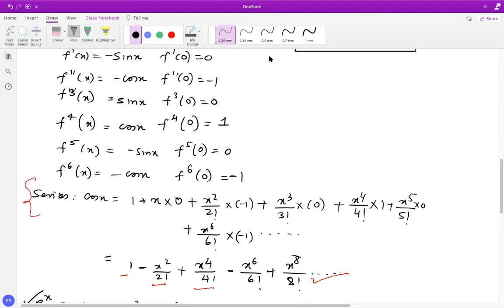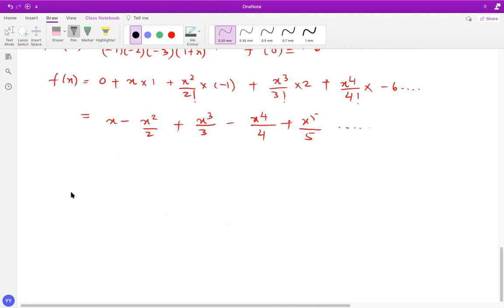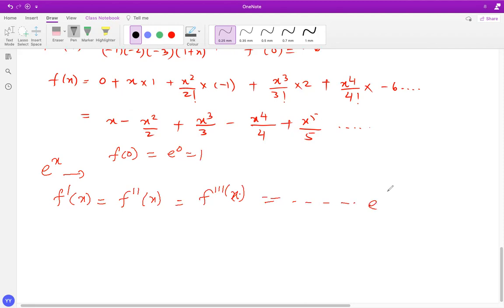Now let's do the Maclaurin series for the exponential function. I can just demonstrate quickly. When you're doing the Maclaurin series for e raised to x, f of 0 is e to the power 0, that's 1. f dash x, f double dash x, f triple dash x, all of these you know are equal to e raised to x. So when you find these values at 0, all of them are e to the power 0, which is 1.